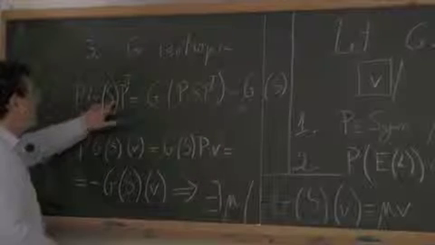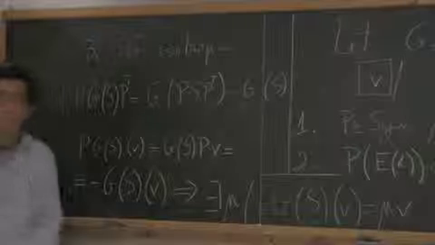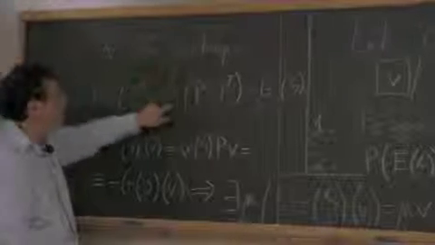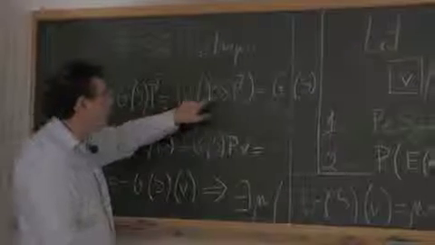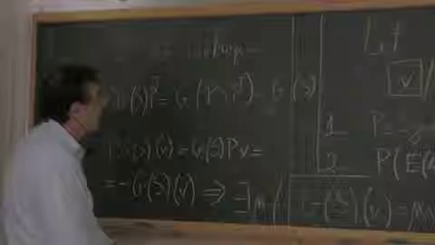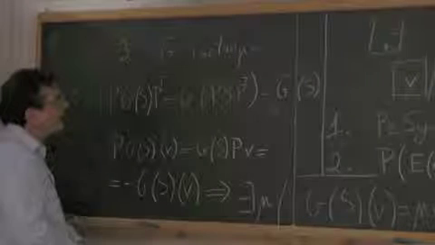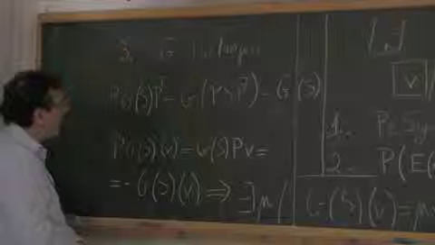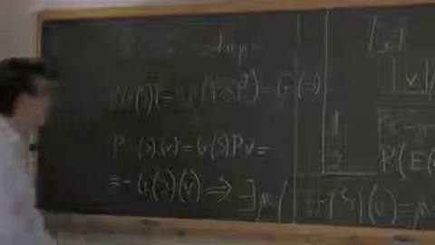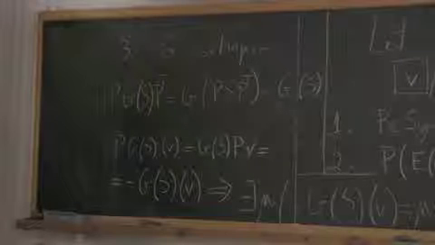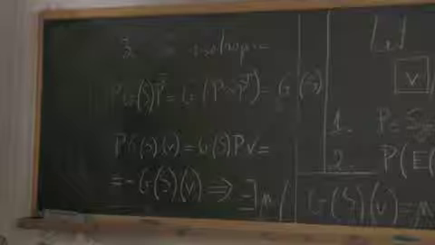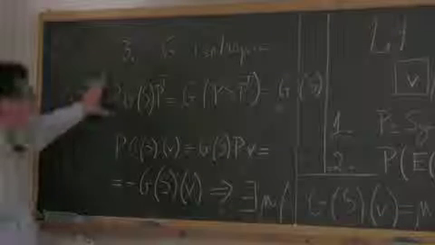P G S P transposed is equal, because of isotropy, to G P S P transposed. And this is equal to GS. Now, how do we prove this?